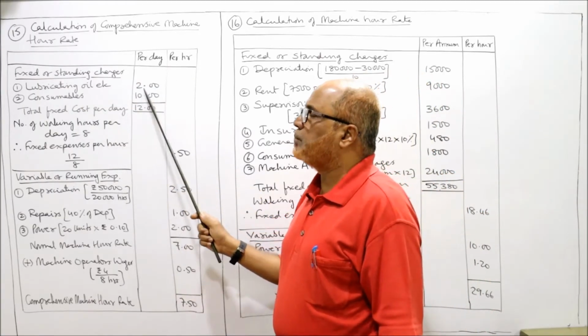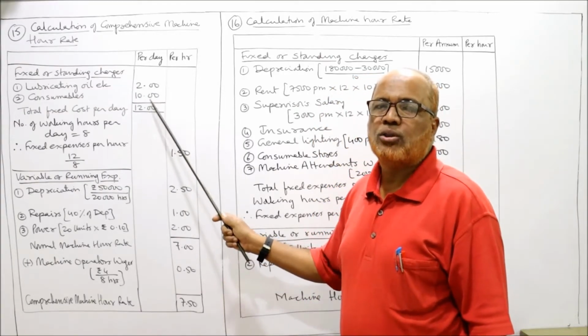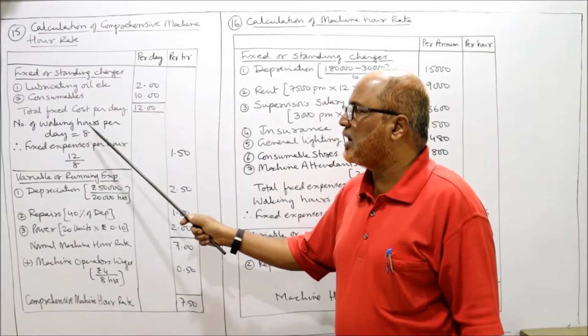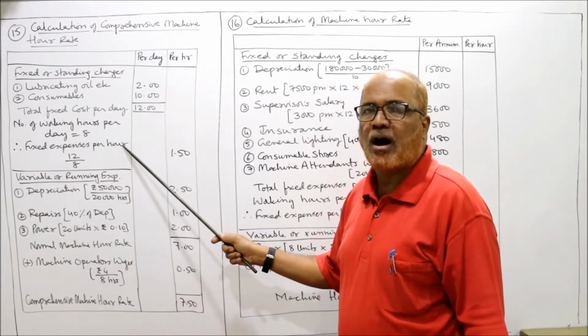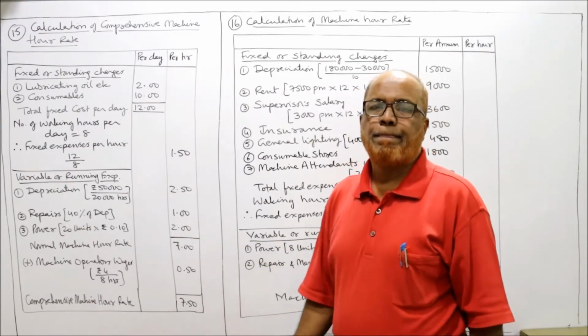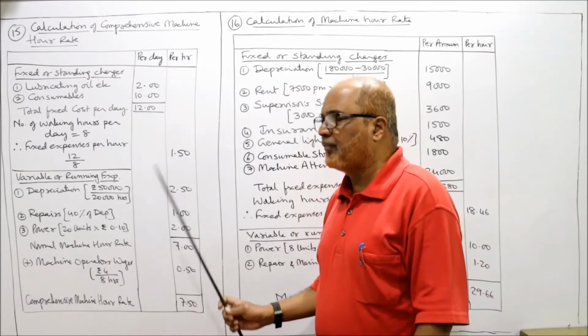Lubricating oil is given 2 rupees per day and consumable is given 10 rupees per day. So total fixed cost per day is 12 rupees and number of working hours per day is 8. So therefore fixed expenses per hour is 12 divided by 8, 1 rupee 50 paisa. So we got the fixed expenses per hour, 1 rupee 50 paisa.